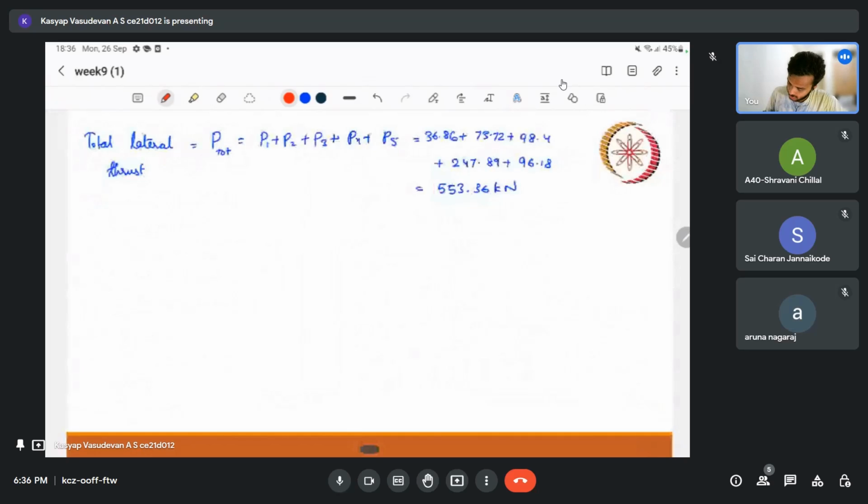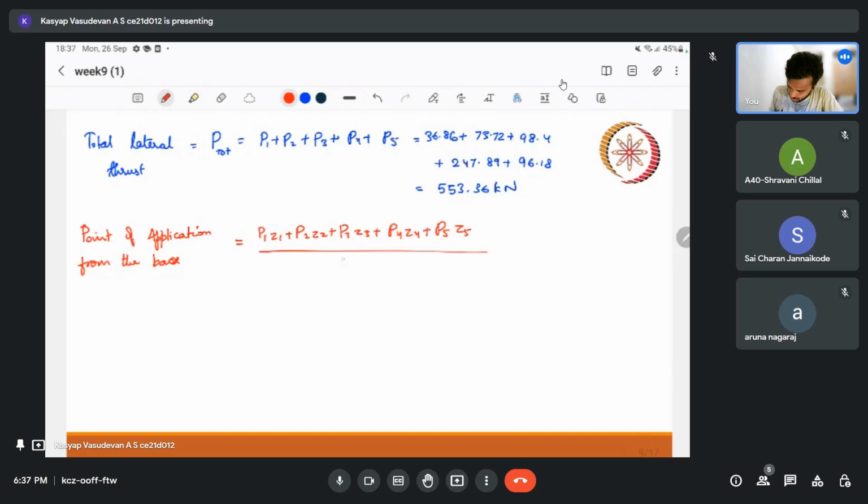So in order to locate the height of the point of application from the base, this will be P1 Z1 plus P2 Z2 plus P3 Z3 plus P4 Z4 plus P5 Z5, which is nothing but the weighted average of all the elevations, divided by P1 plus P2 plus P3 plus P4 plus P5, which is the P total.